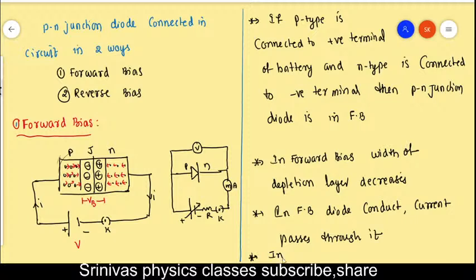And in forward bias, it offers less resistance. More current is passing, that's why the diode offers less resistance. In forward bias, the diode has less resistance.